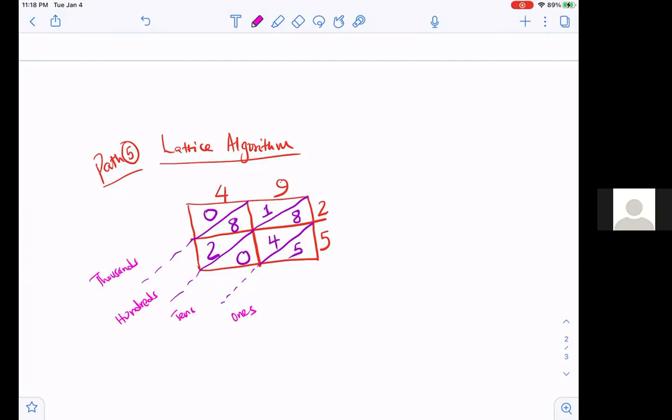So we add whatever is inside this section along the diagonal. Like for the ones, we have a 5. For the tens, we have 8 plus 4, we get a 12, which is 12 tens. In other words, it will be 2 tens and 100, because 10 tens become a 100.